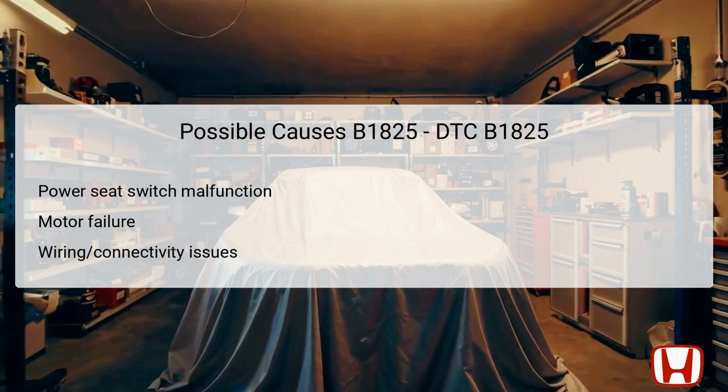First, a malfunction of the power seat adjustment switch itself could result in erroneous signals being sent, leading to the slide pulse error. This switch could either be defective or experiencing intermittent connectivity issues. Additionally, failure of the slide motor can lead to inconsistent operation, which can trigger this DTC.